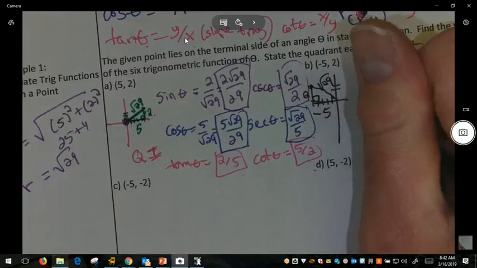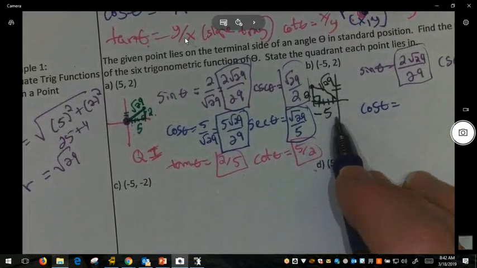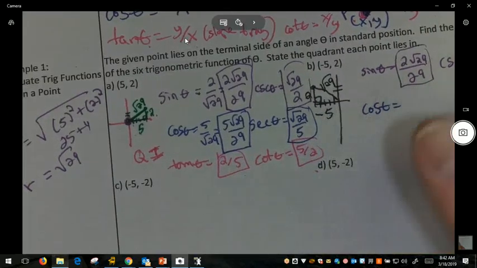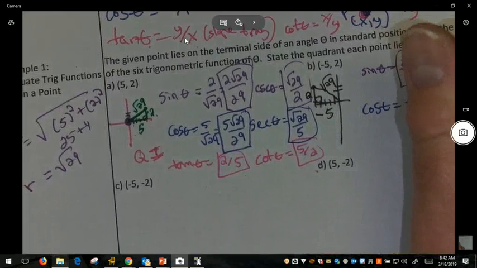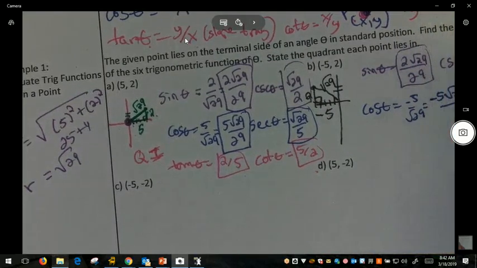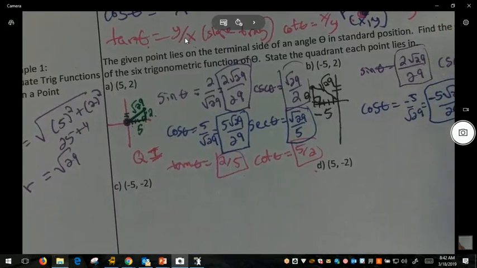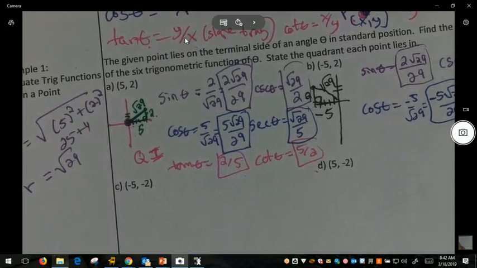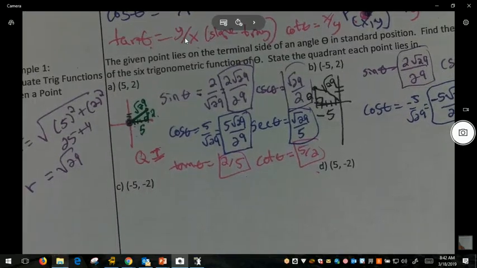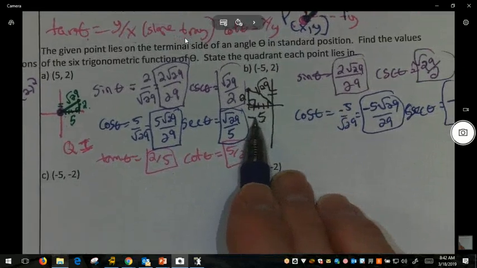Cosine gets a little more interesting. Cosine theta now is the adjacent over the hypotenuse, or x over r, negative 5 over square root of 29, which we know when we rationalize is negative 5 square roots of 29 over 29. And secant, actually, is negative square root of 29 over 5. Because we've gone left, that x value changed.